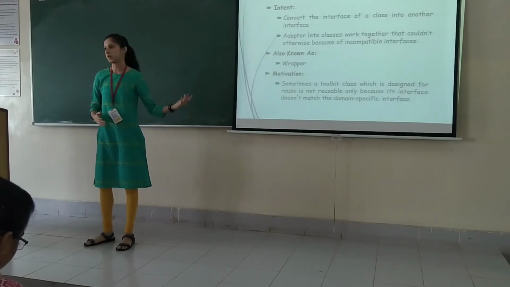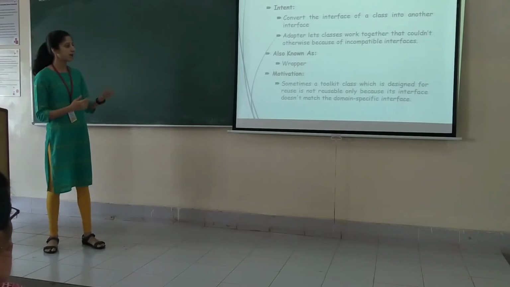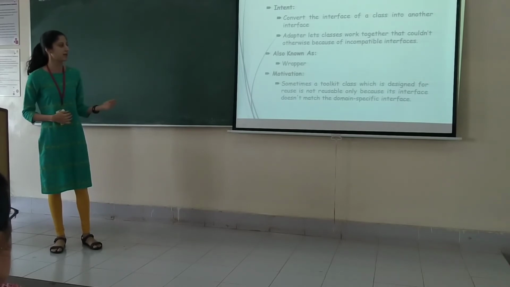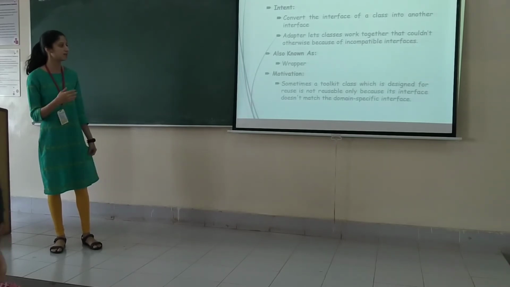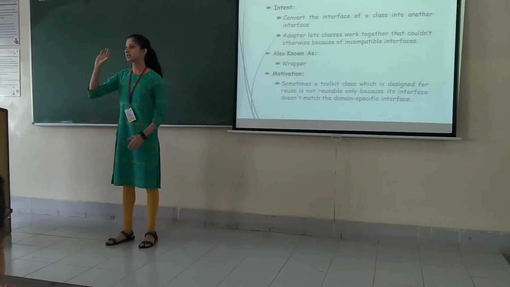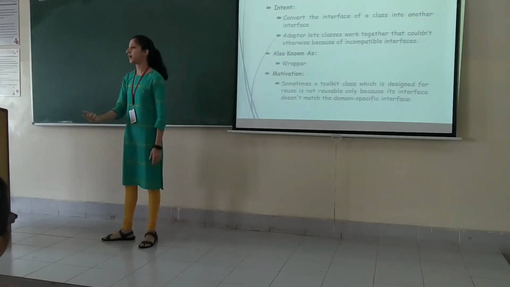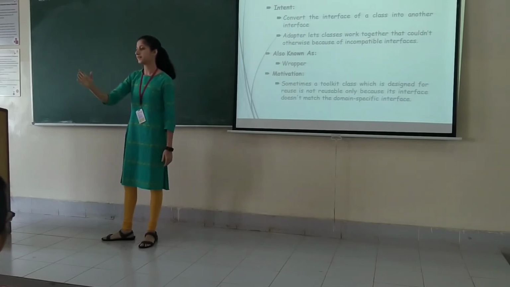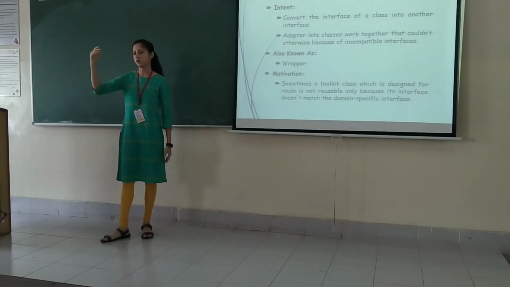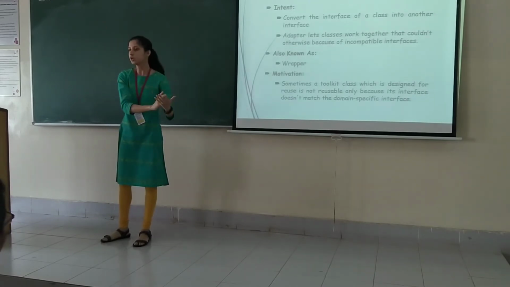It is also known as wrapper, and the motivation is that sometimes a toolkit class which is designed for reuse is not reusable only because its interface does not match the domain specific interface. So toolkit class means, in one interface screen, I need a submit button in the center of the screen. Now what do I have to define? I have to define the height, width, screen resolution, size of the submit button, its length, color, etc. All those attributes will be contained in the toolkit class.